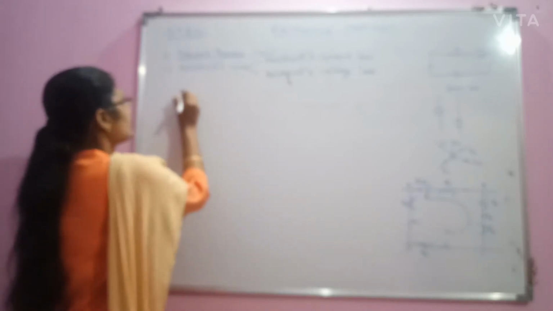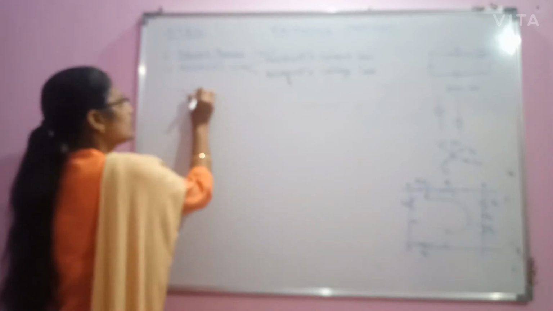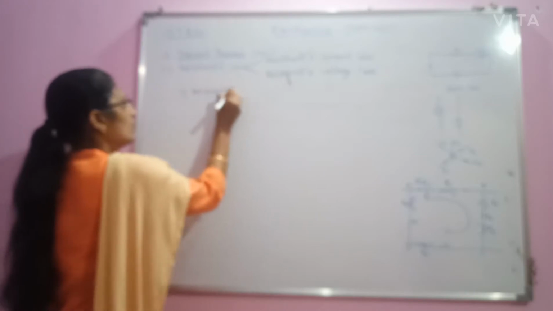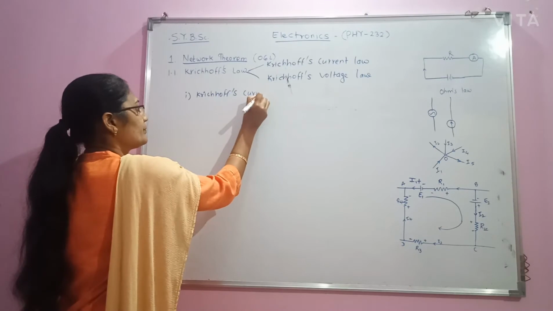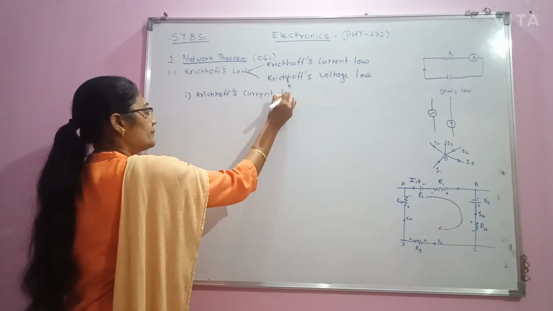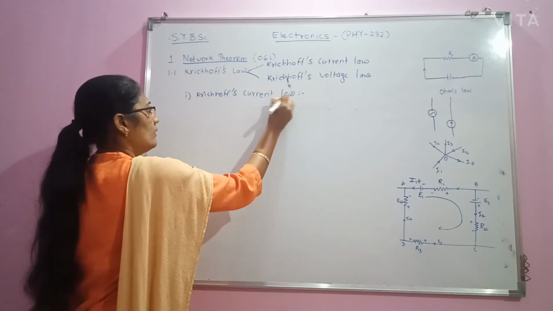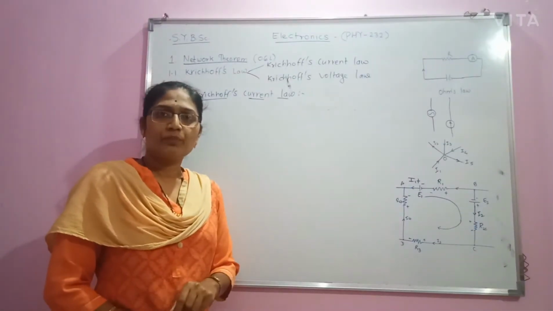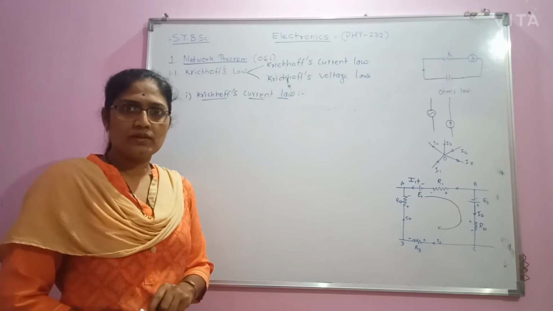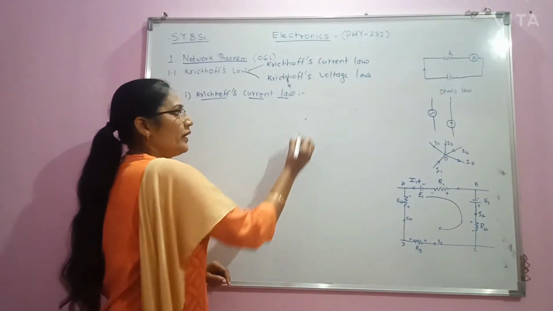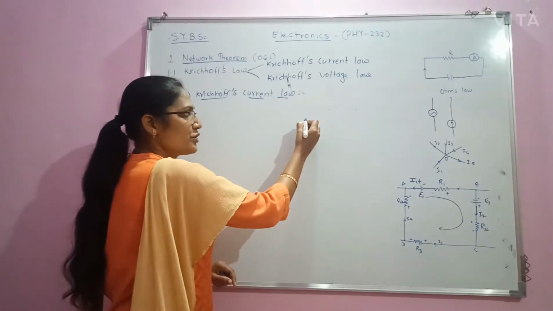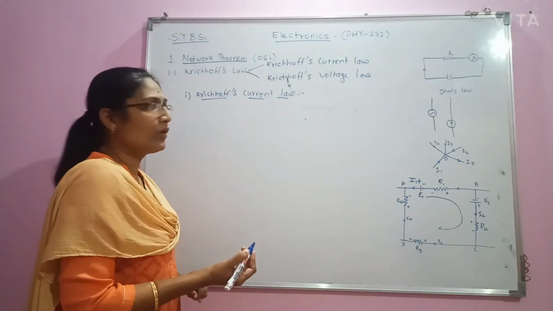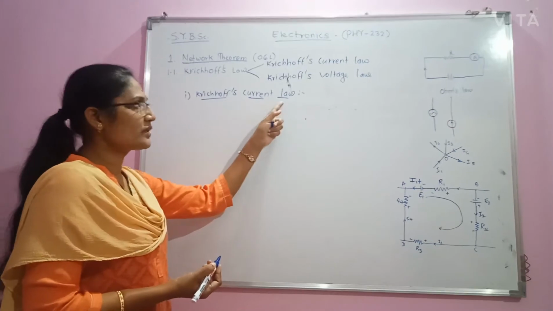First, Kirchhoff's current law. This law states that the algebraic sum of the currents at a junction in a network is equal to 0. What is the statement of Kirchhoff's current law?